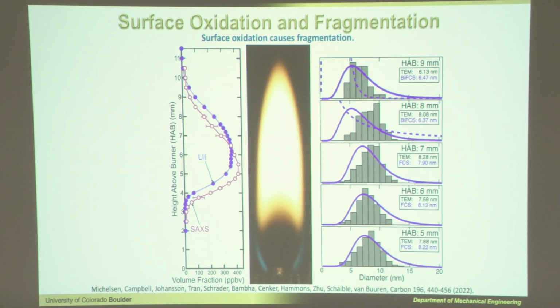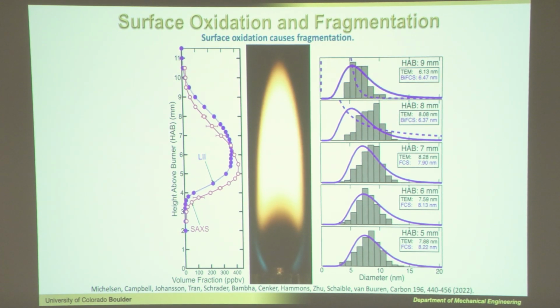The SAXS measurements are the purple curve, and then the bins distribution is from transmission electron microscopy when we extracted. Remember, we looked at TEM. That's from the TEM. And you notice then as we get up to 8 millimeters, that's where the LII signal is going away, right? That's where the SAXS signal is going away on the volume fraction.